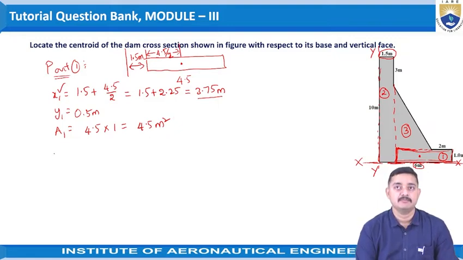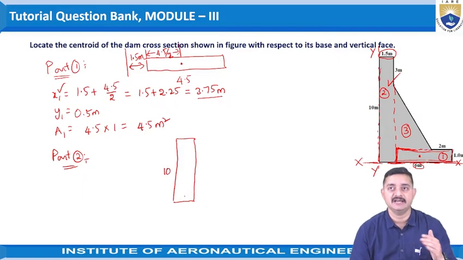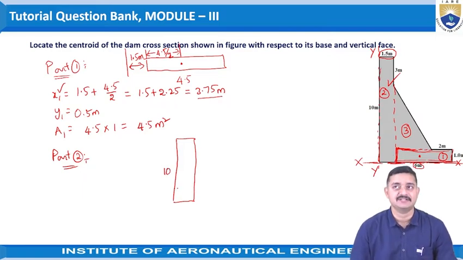Now let us go to part 2. For this part 2, which we have selected here, first let us draw the figure. Part 2 is the second regular rectangle, with a height, or we can say breadth, of 10 meters and length of 1.5 meters.